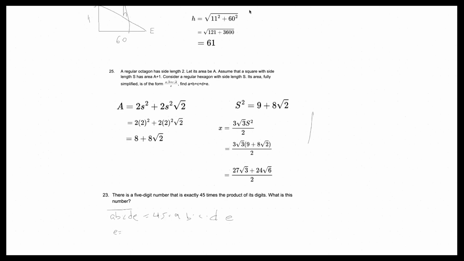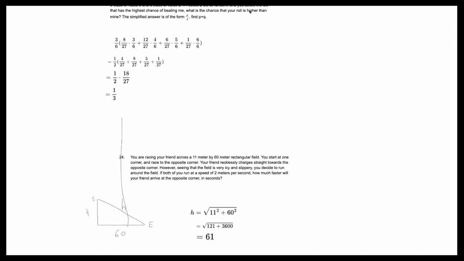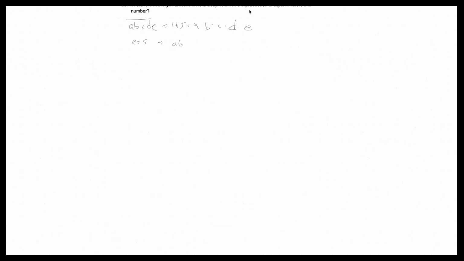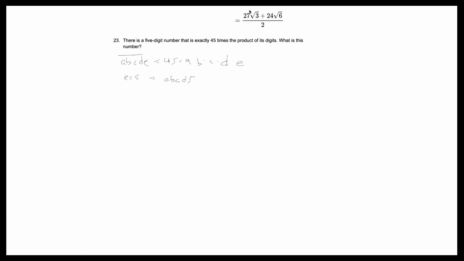And then we can rewrite this as ABCD5 is equal to 45 times A times B times C times D times E. And we can factor 45 to be 3 squared times 5. So if we factor in another E, then that's 5 squared, and then times A times B times C times D. And then we can consider D now.